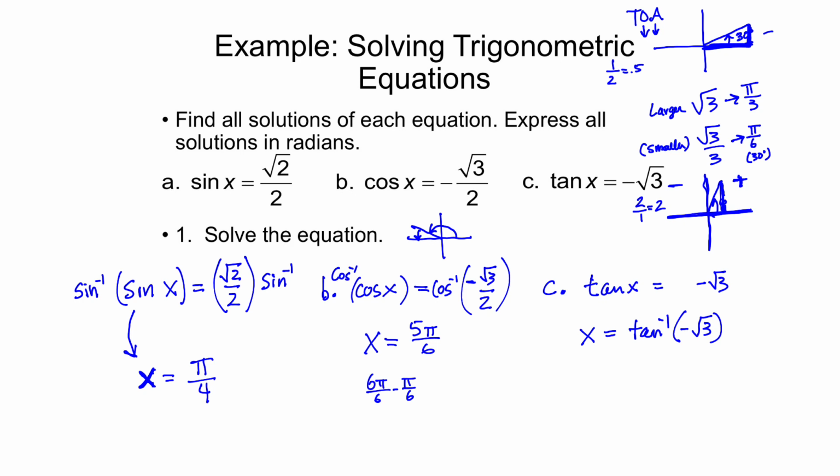It's also negative in the fourth quadrant, and actually, for tangent, we limited it like sine to the arctan. We limited the range to the first and the fourth. And so here we would want to use the fourth quadrant angle. Root 3 over 3 is the larger, so it gives us pi over 3, but it's negative pi over 3.